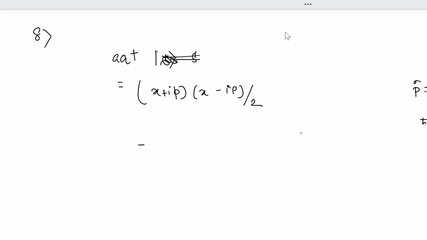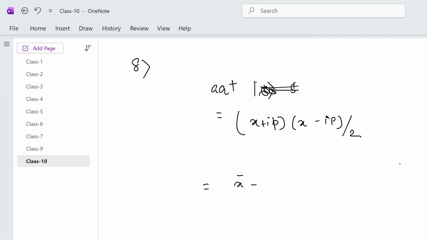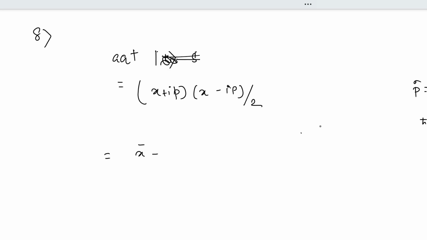So this is just x plus ip. Right, so we are here due to a technical glitch.